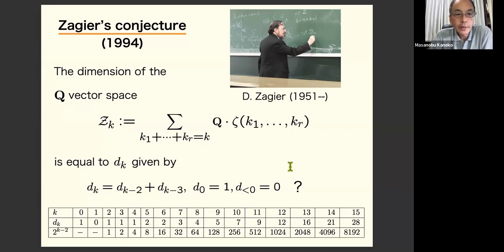In his paper in 1994, he mentioned that deep theories like mixed Tate motives or quantum groups, etc., are behind this sequence or this space. That ignited the interest of many people, and lots of works started coming out.